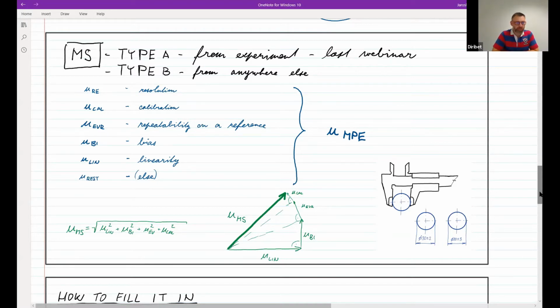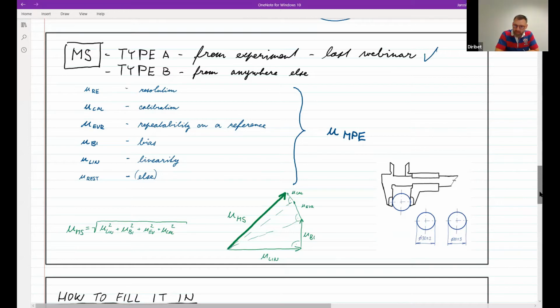So a little reminder, what is a type A and type B uncertainty? Type A is anything that comes from an experiment, and this is what we talked about the last time. And type B is anything else. It is knowledge which comes from other sources.